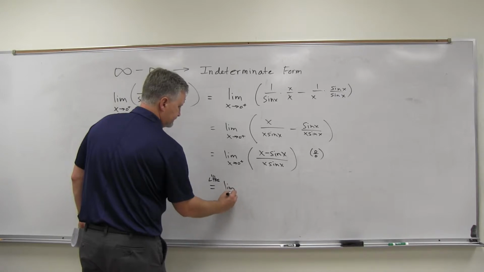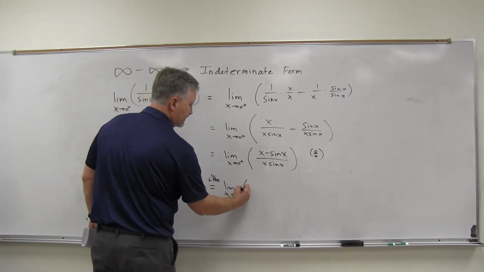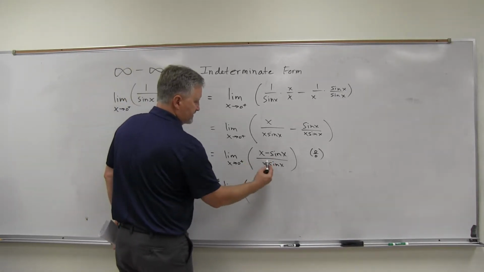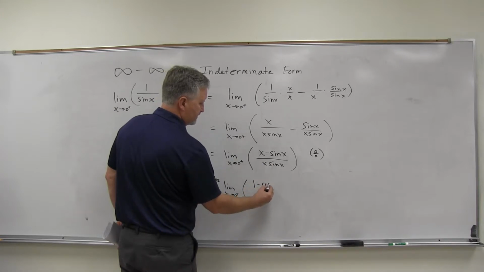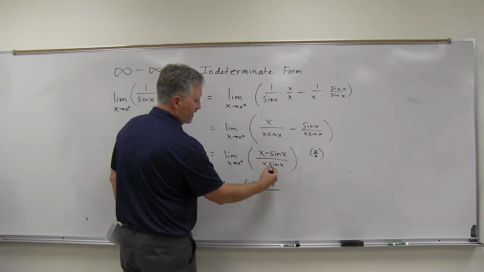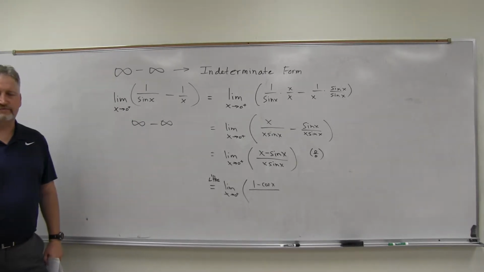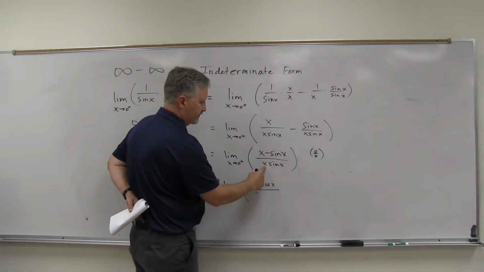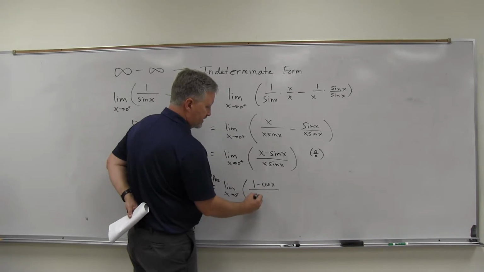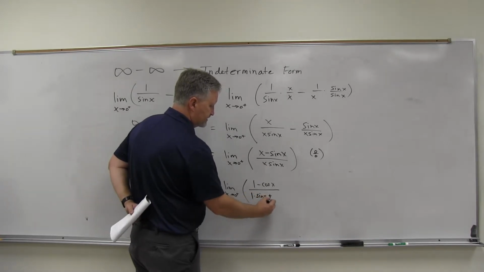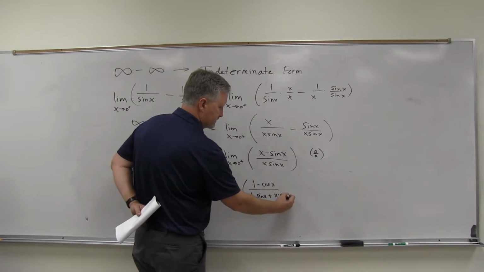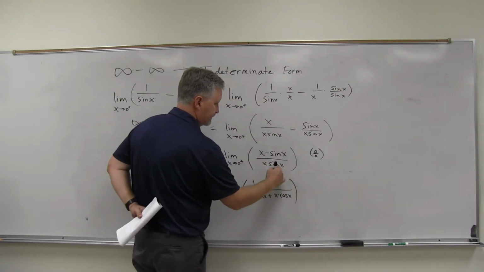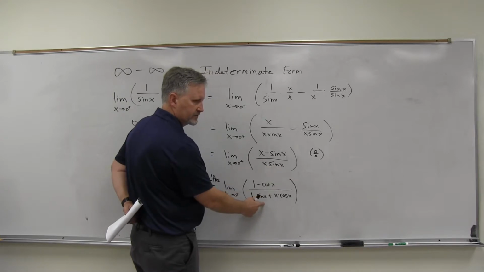So that's the limit as x approaches 0 from the right. L'Hopital: derivative at the top, 1 minus cosine of x. You could run into product rules and other things. So here's a product rule: 1 times sine of x plus x times cosine of x for the derivative of the bottom. Does that sound right? Yep.